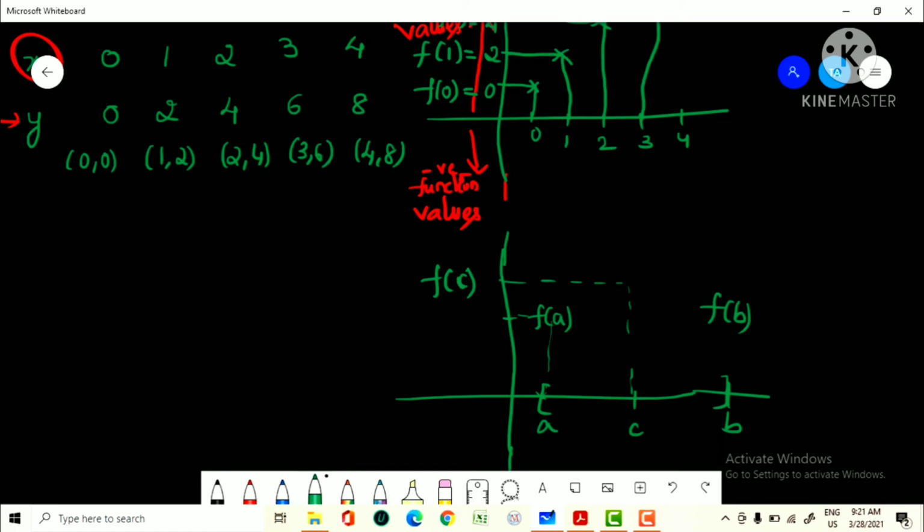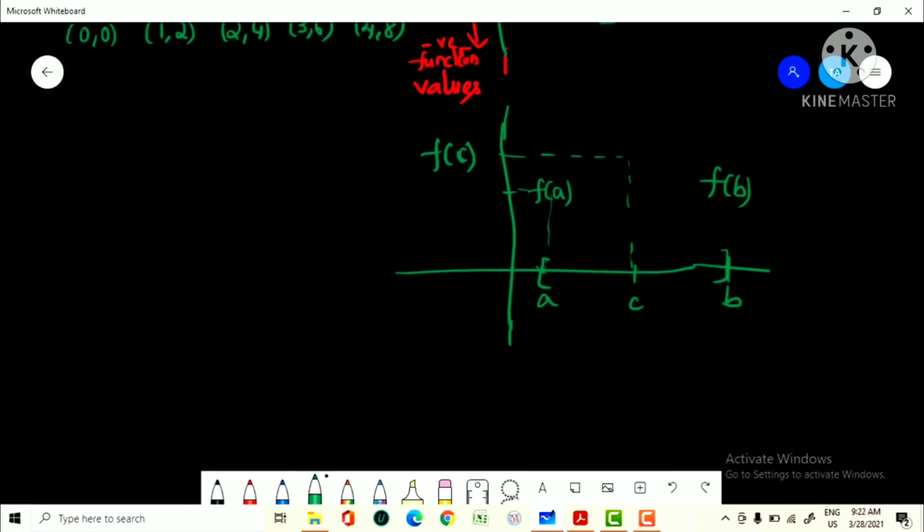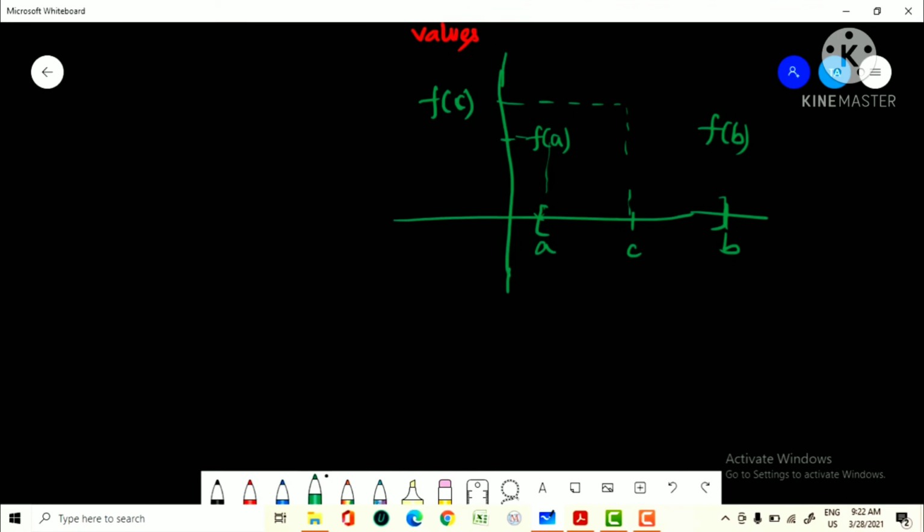Here at a I'll be getting f of a value, at b f of b value, at c f of c value. Function values are defined on the y-axis. If it comes here, it is positive values. If it goes down, it is negative function values.